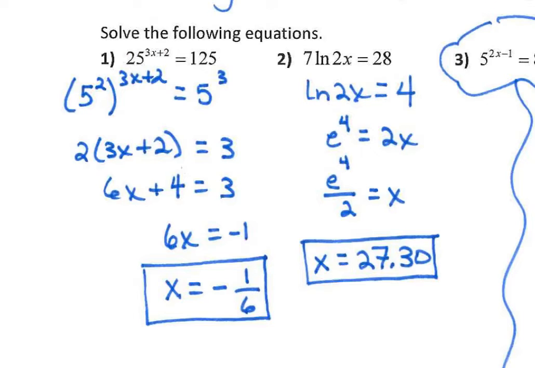I have the answer to number 3 in a different part of the page because it was too big. So anyway, I wanted to give you 1 and 2 first, and then I have to scroll a little bit to get to the answer for number 3.